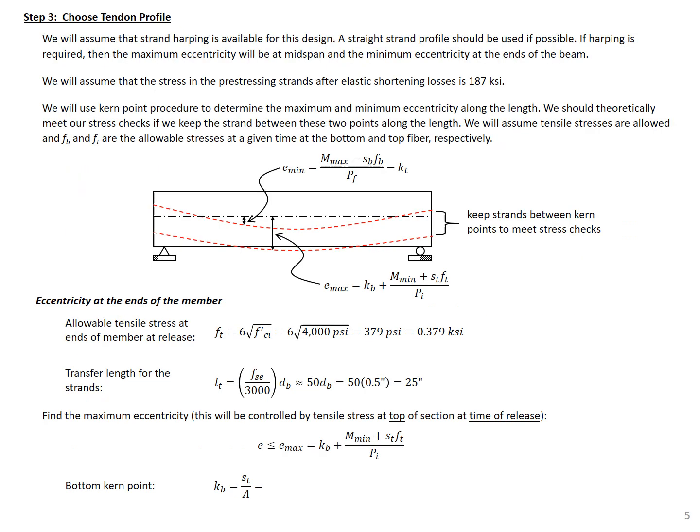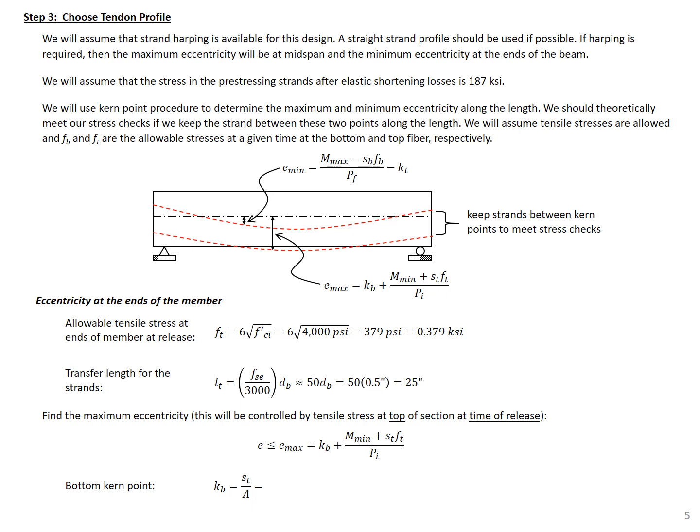We're going to assume that strand harping is available for this design, although a straight strand profile should be used if possible, as it makes fabrication of these beams easier. If strand harping is required, then we'll have a maximum eccentricity at midspan and minimum eccentricity at the end of the beams.